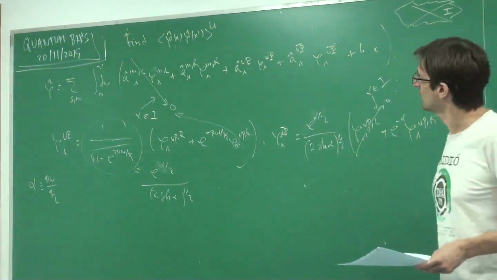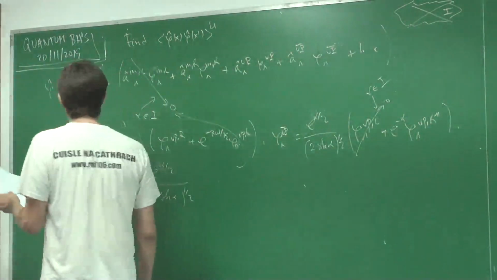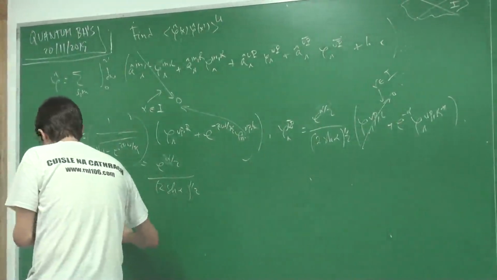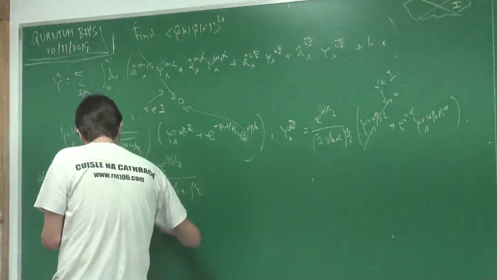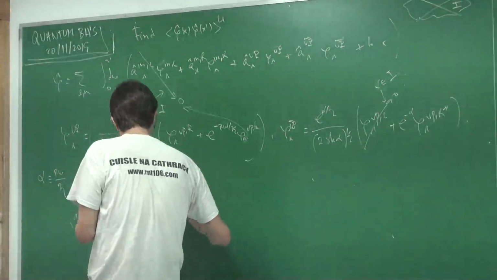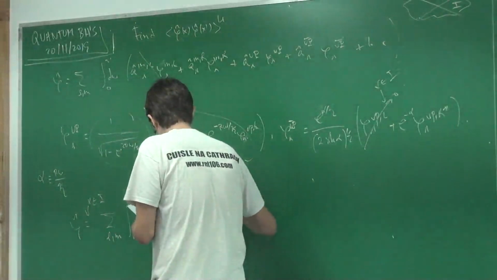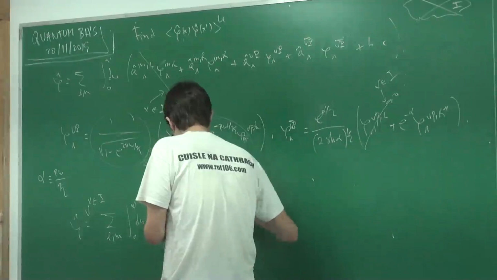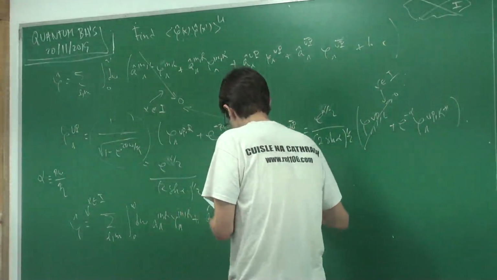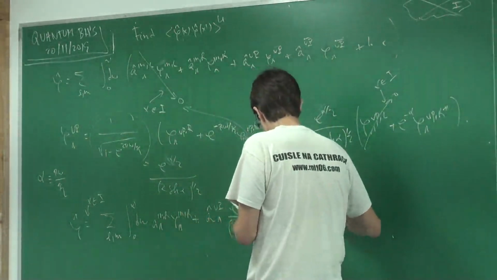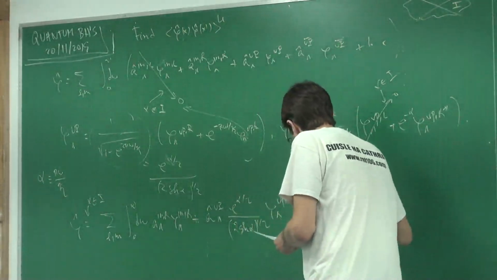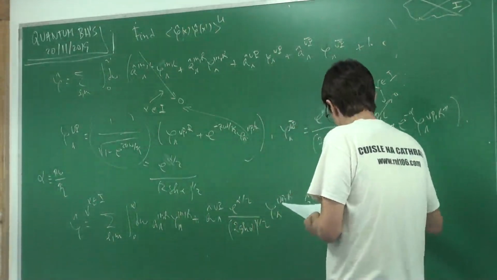Okay, so phi for x in region 1 is just equal to this.